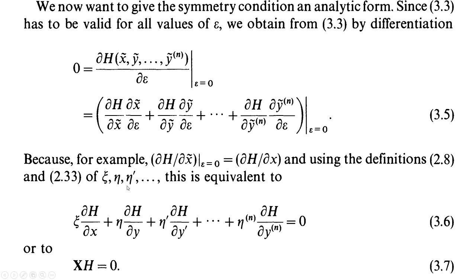We call it xi. Similarly, partial y bar by partial epsilon is eta, and so on. So we get this equation, and we can write it taking each common. We are left with xi partial by partial x, eta partial by partial y, eta 1 partial by partial y dash, and so on, operating on H equal to 0.